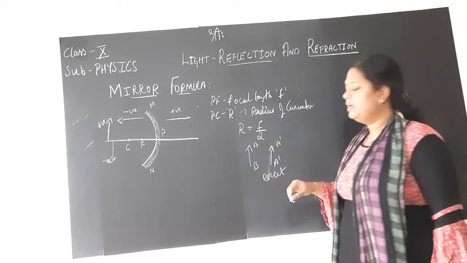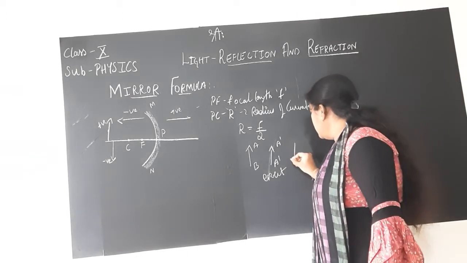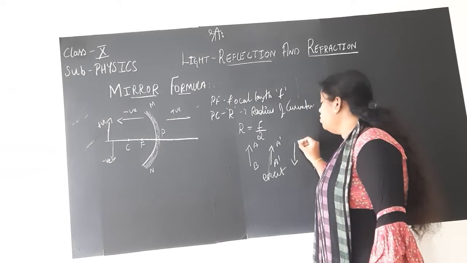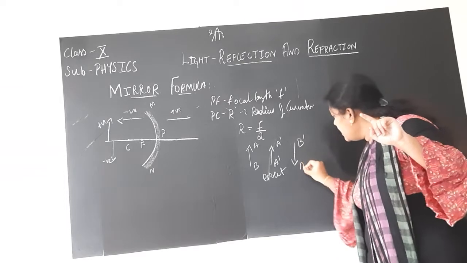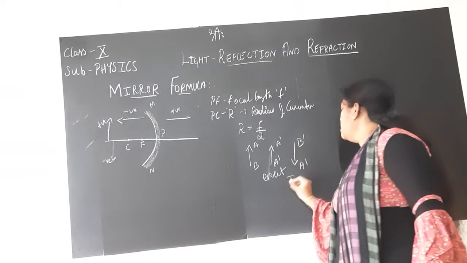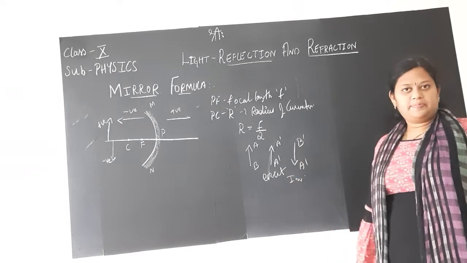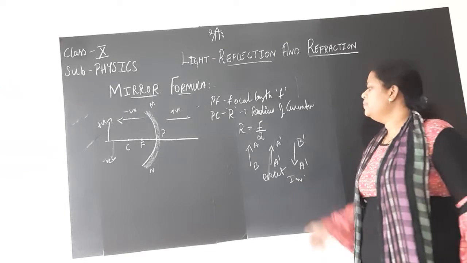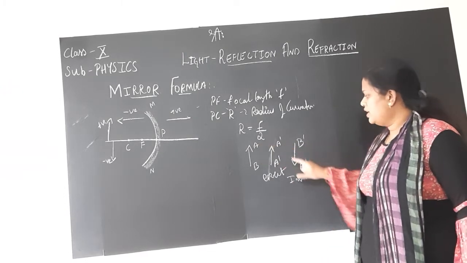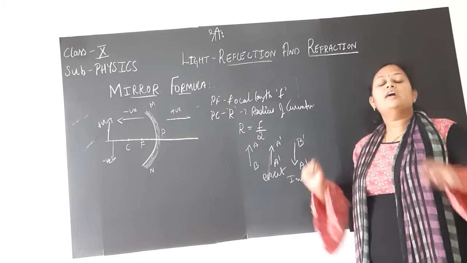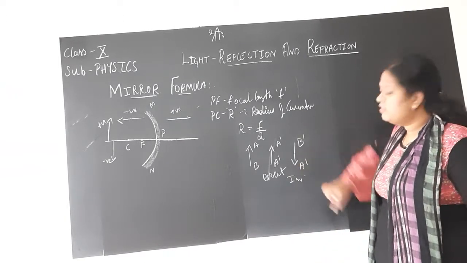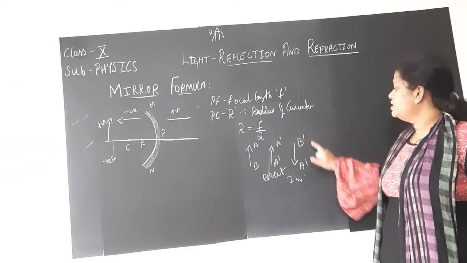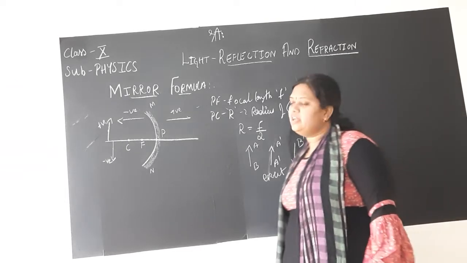If you have an inverted image, with the arrowhead downward, you will label it not A dash B dash but B dash A dash, for inverted images, children. All this we have discussed already. So wherever you have that arrow mark, always A dash should come. Keep that in mind, so that even though you get an inverted image, you won't make a mistake while labeling it as B dash and A dash.